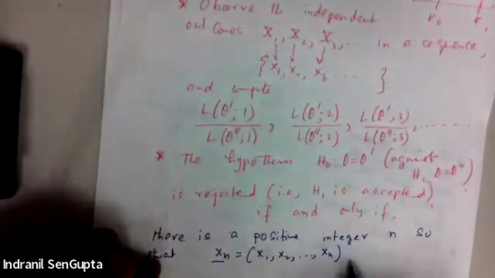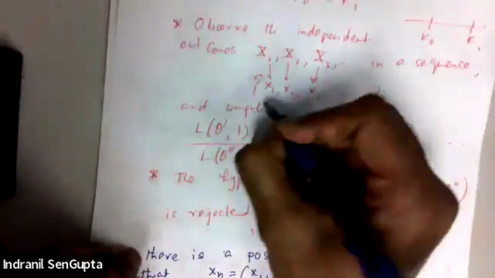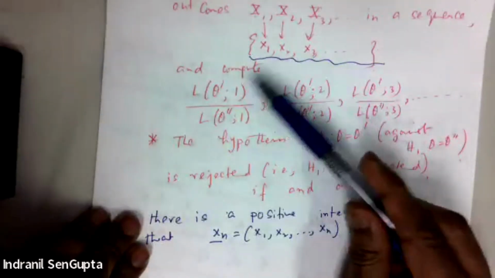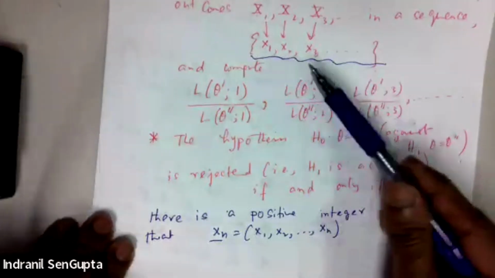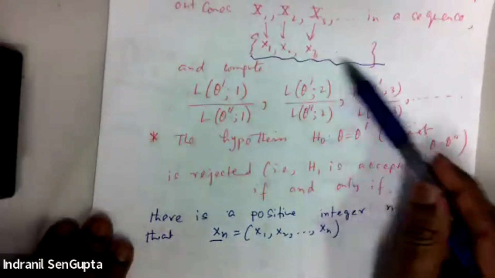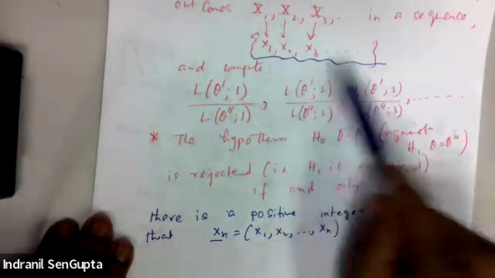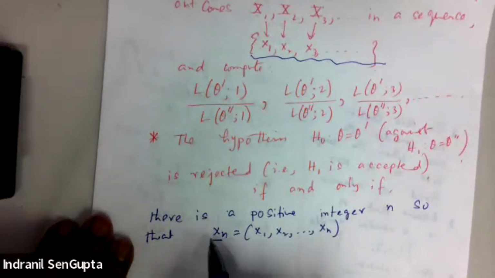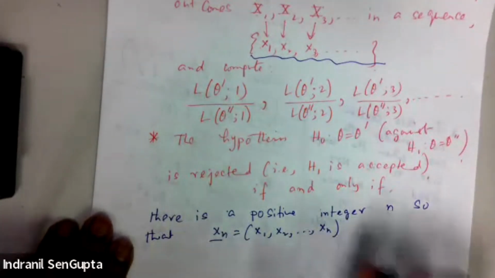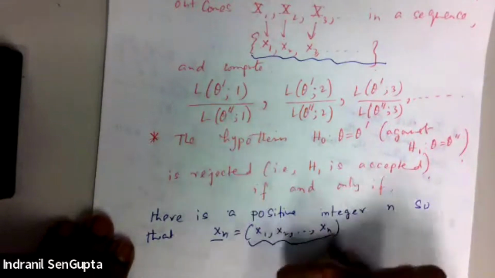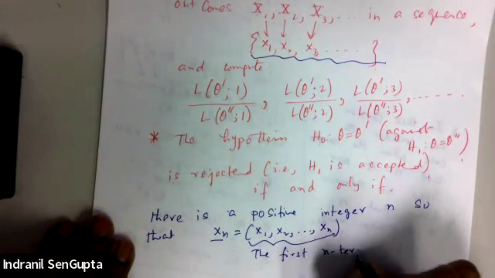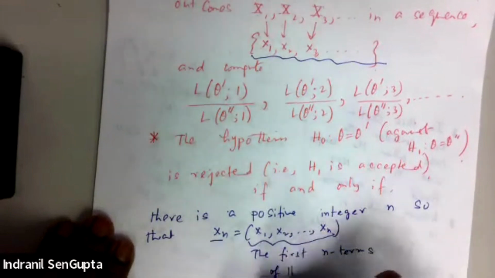By the way, what are these? I already wrote the sequence that we are observing. So sequences are coming, right? As soon as you perform an experiment, you get some x1, x2, x3, and so on. By xn, this vector, I mean the first n terms of the sequence.